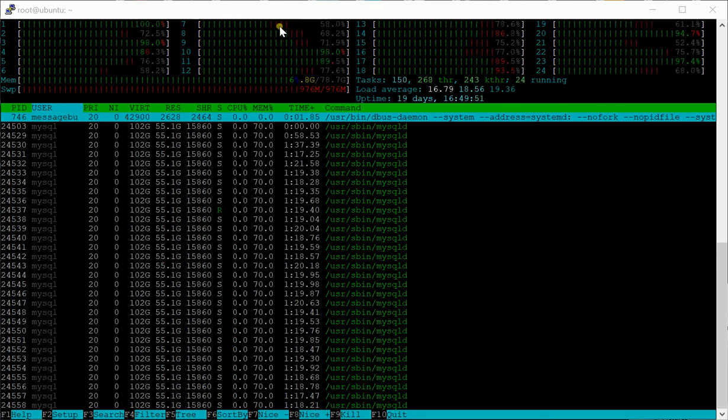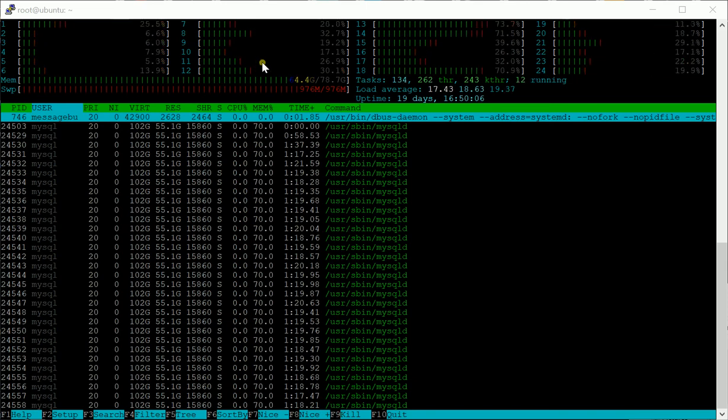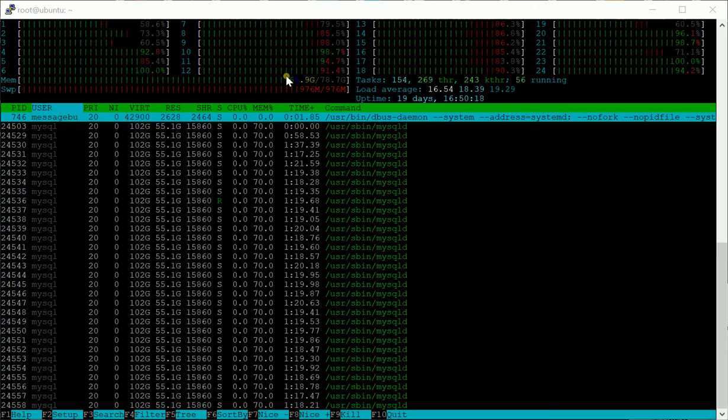But these red charts right here in htop, the function is called htop, signify whether a core is running several instances. So if a script runs on the same core, it uses the maximum it can from the gigahertz that core has. For example, I'm using a system of 1.9 gigahertz and 24 cores.